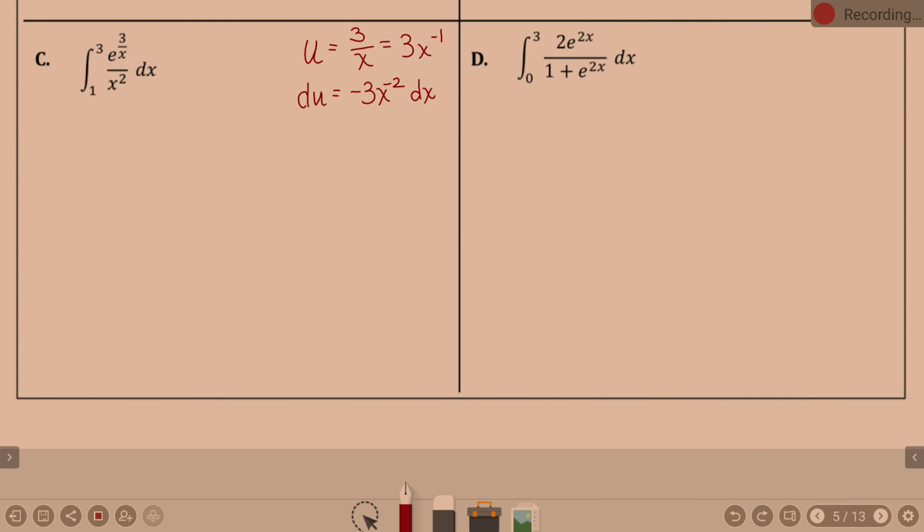But you need to realize, what do we know about x to the negative second? This is negative 3 over x squared. And that's where, if you didn't see it coming, your aha moment of, oh, this is actually going to work. Yes. Okay? Then take the negative up.